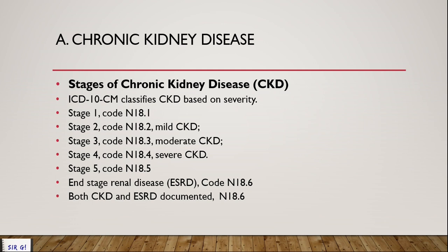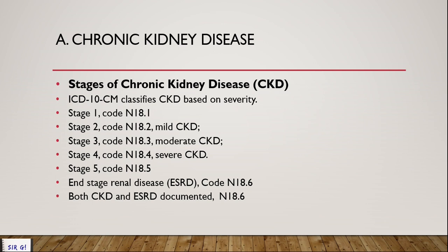Okay. Now, for both CKD and ESRD, like for example, CKD stage 5 and ESRD is documented, when you say end-stage renal disease, the guideline is you only need to code for ESRD, because your end-stage renal disease is obviously the end stage, or the highest, the severe one already.